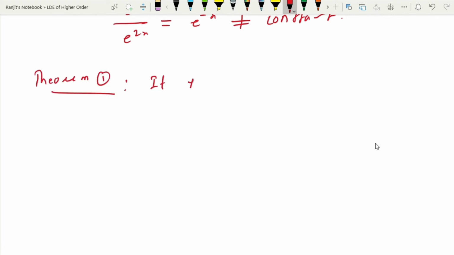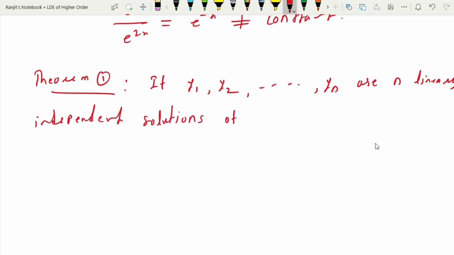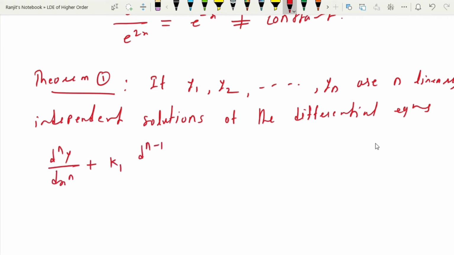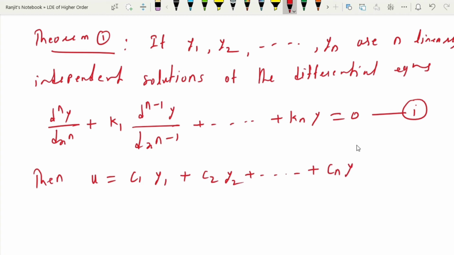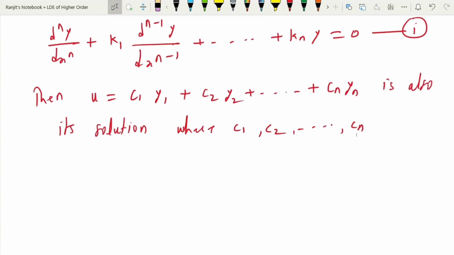Theorem 1: If y1, y2, up to yn are n linearly independent solutions of the differential equation d^n y over dx^n plus k1 d^(n-1) y over dx^(n-1) plus ... plus kn y is equal to 0, which is denoted by 1 and is a homogeneous differential equation, then u is equal to c1 y1 plus c2 y2 plus ... plus cn yn is also its solution, that is, a solution of differential equation 1, where c1, c2 up to cn are arbitrary constants.